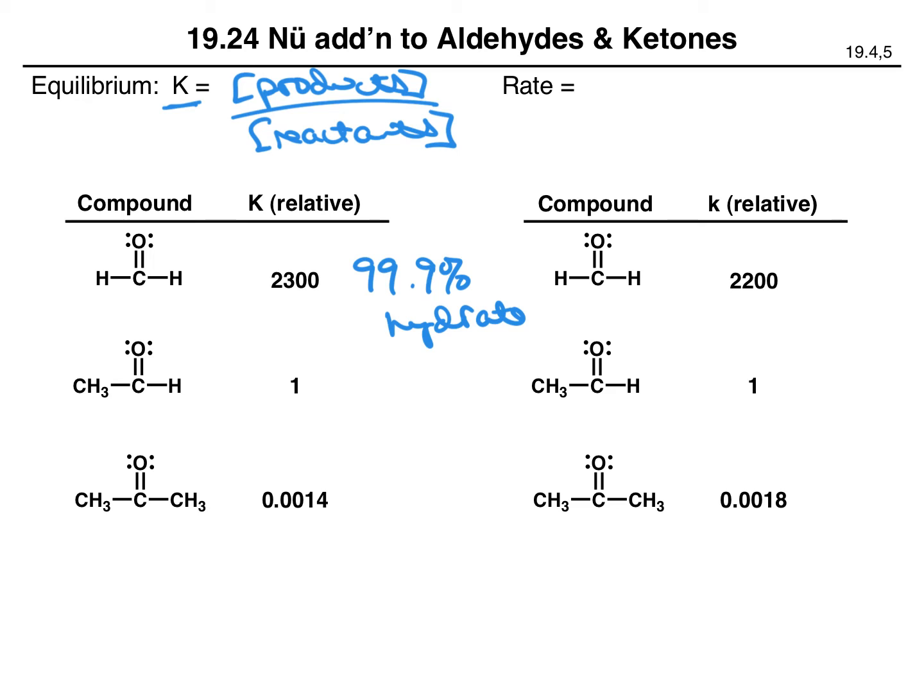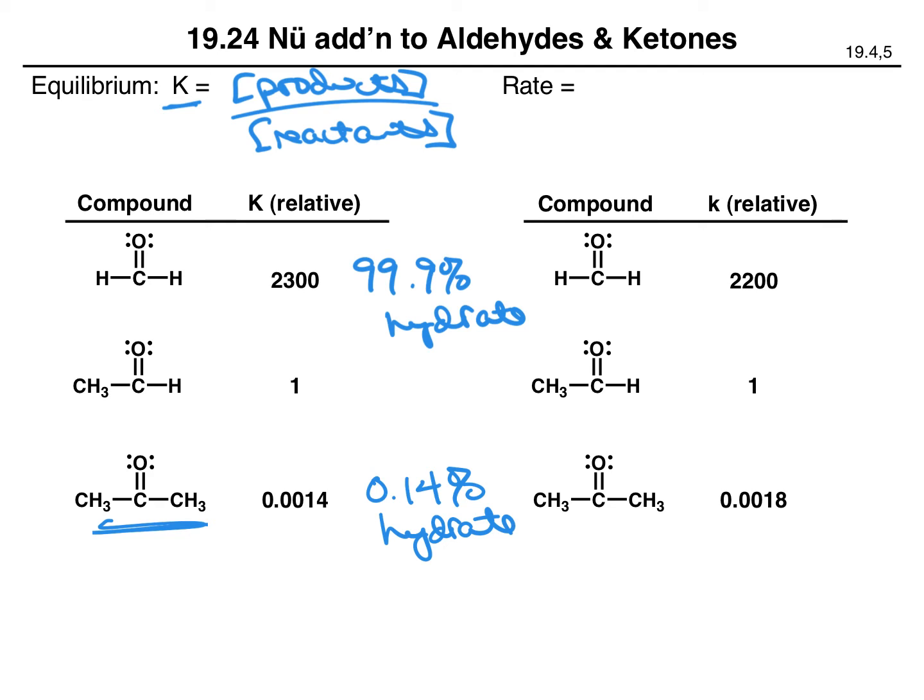Looking in the other direction at acetone, now this equilibrium constant is smaller than the equilibrium constant for acetaldehyde itself. So in this case, what we're looking at is about 0.14% of the molecules will exist as the hydrate, and the rest are going to exist as acetone itself.